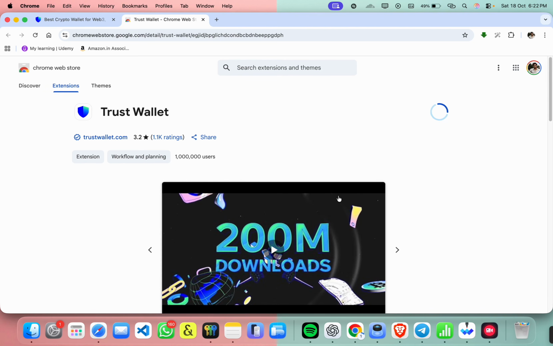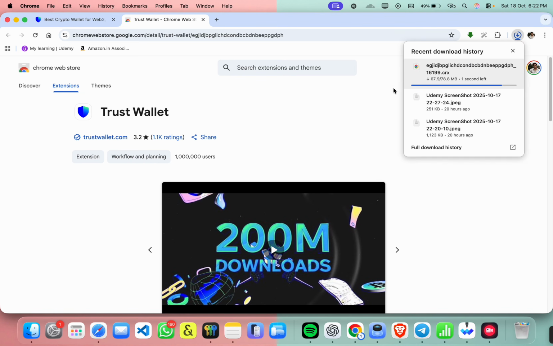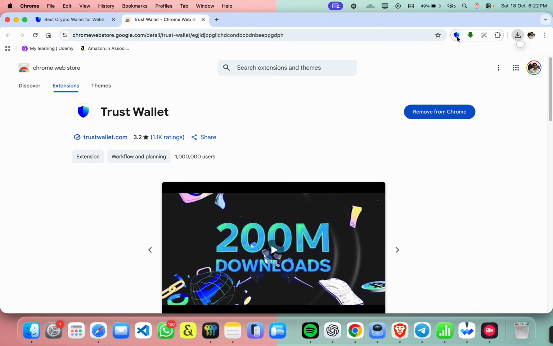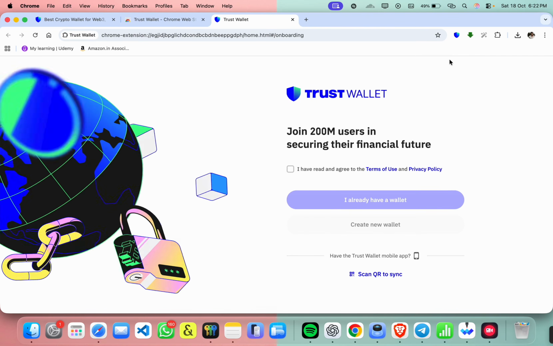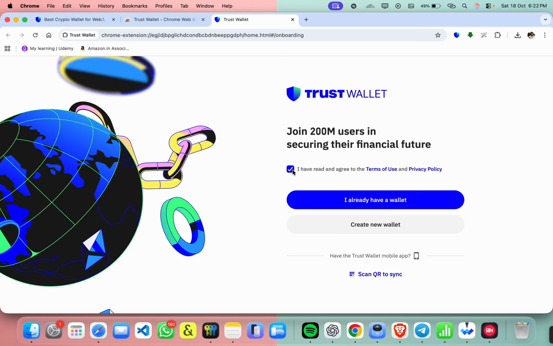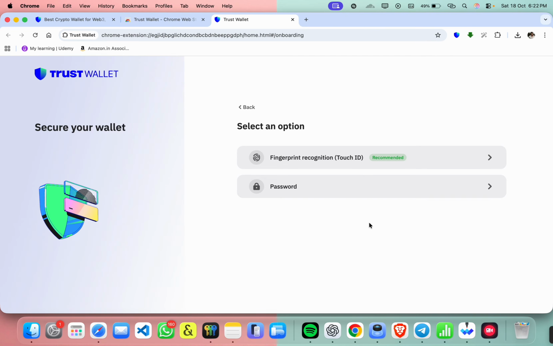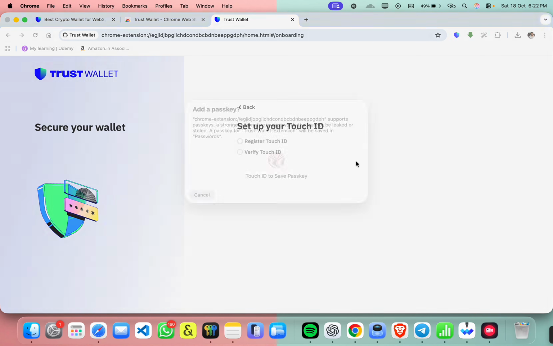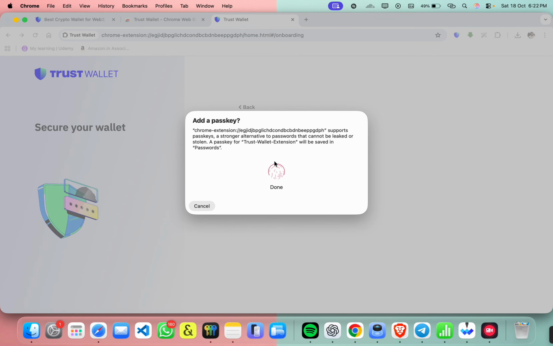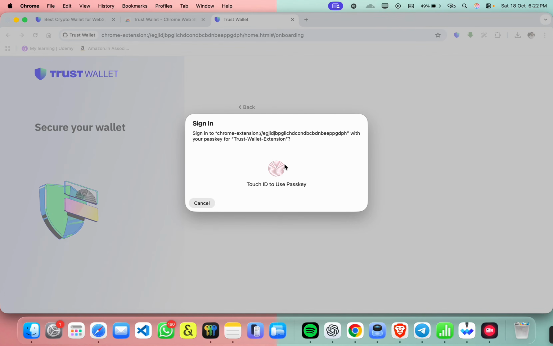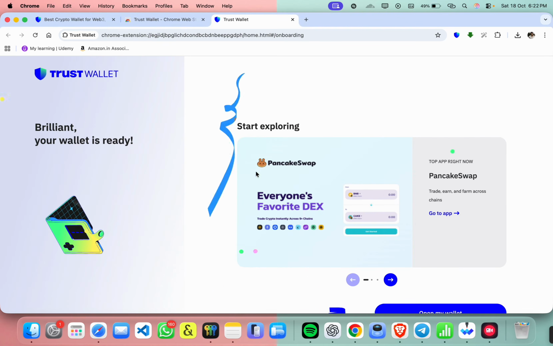You can also install the app of this Trust Wallet, and it's very good actually as a storing extension, okay. So you can click on create new wallet and you can use fingerprint, and verify it, okay. Just next.